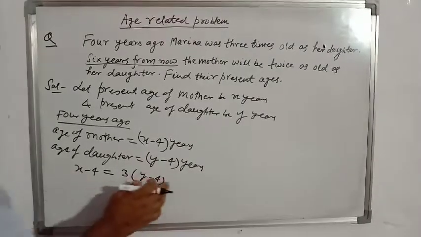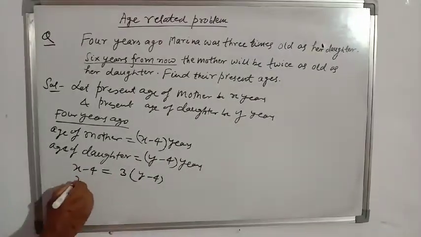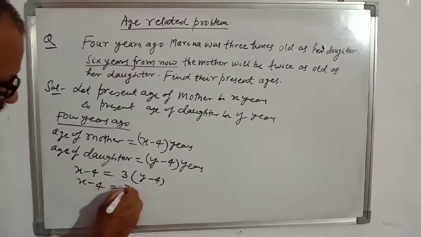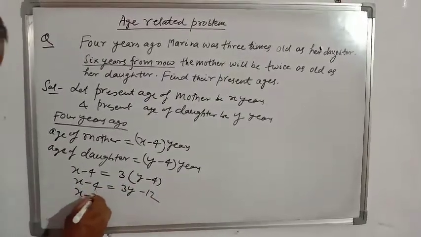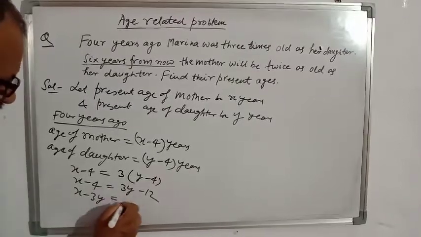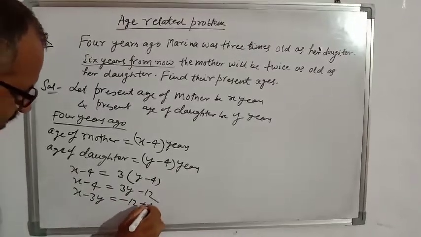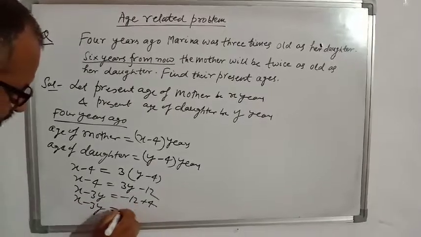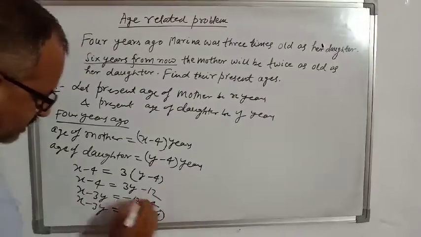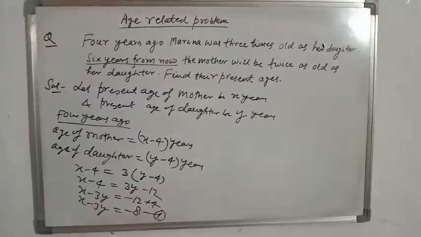So we will write the equation like this: x minus 4 equals 3 times y minus 4, open the bracket, 3y minus 12. Transpose 3y to the left side and minus 4 to the right side: minus 12 plus 4 is minus 8. So x minus 3y equals minus 8. It is equation number 1.